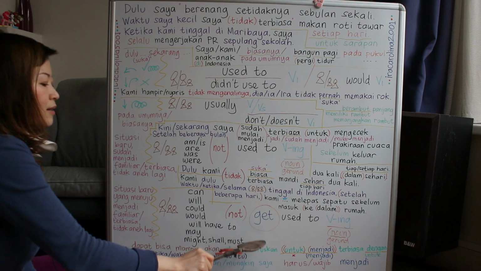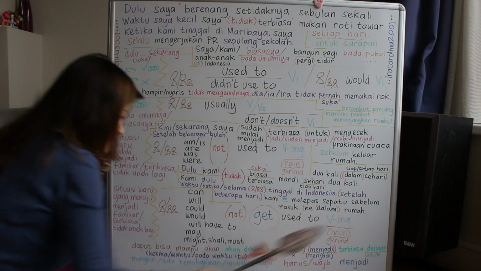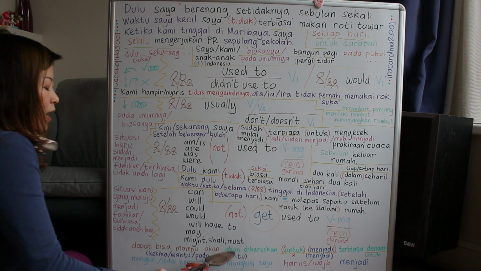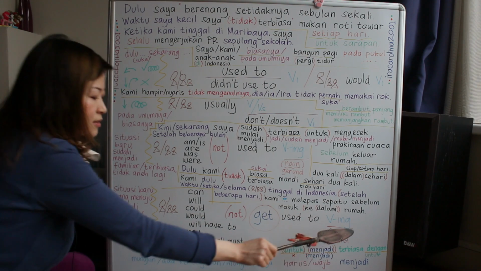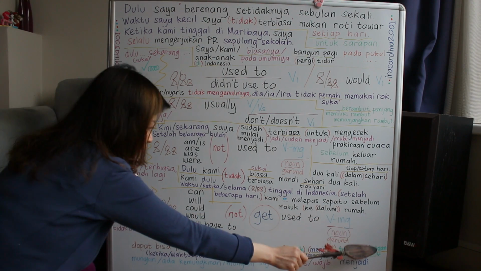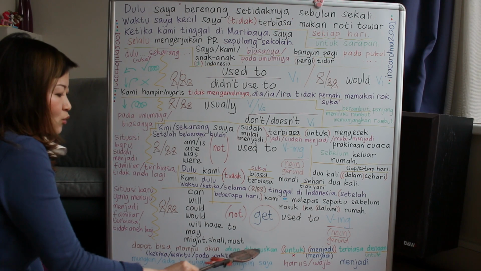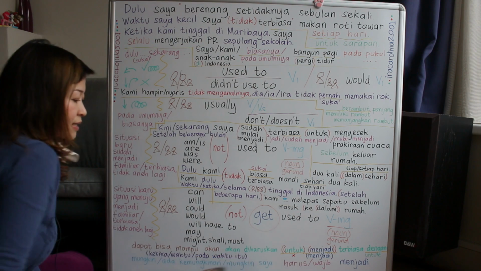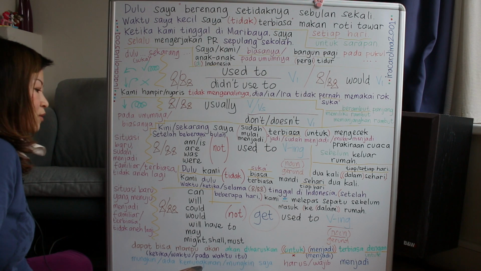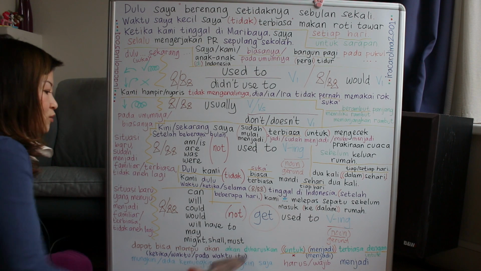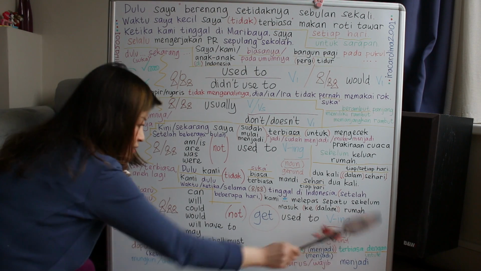So, akan, diharuskan, terbiasa dengan, or akan, diharuskan untuk menjadi terbiasa dengan, or akan, diharuskan menjadi terbiasa dengan, or akan, diharuskan untuk terbiasa dengan.